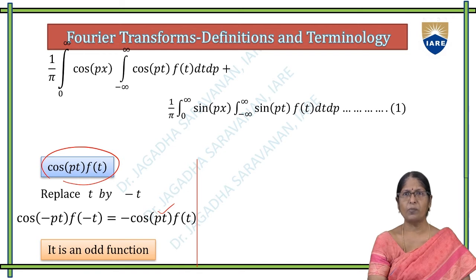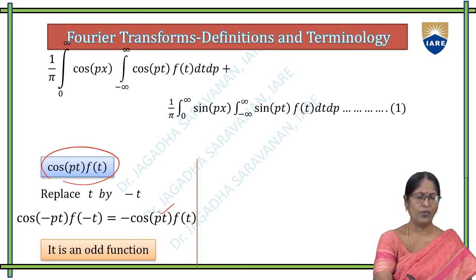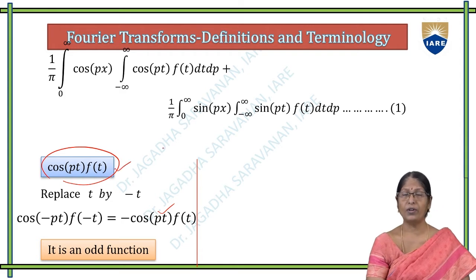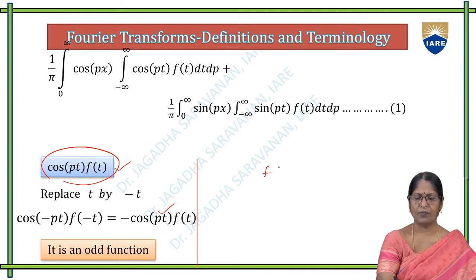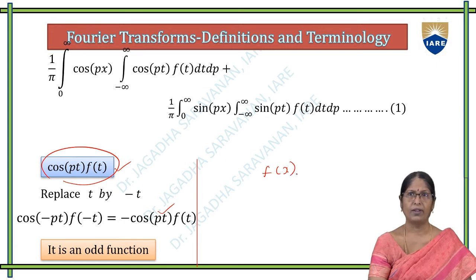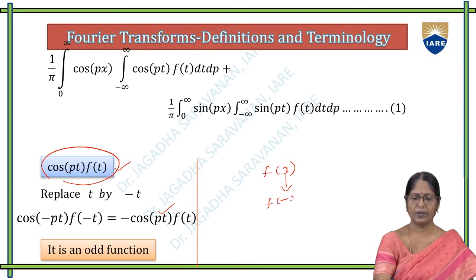These are the terminology subjected to our Fourier integral theorem, and we are going to define the Fourier sine integral. For that, the main thing is we are checking whether this function is odd or even. Then one more concept: in general, if the function is f of x, the x we will replace by minus x.